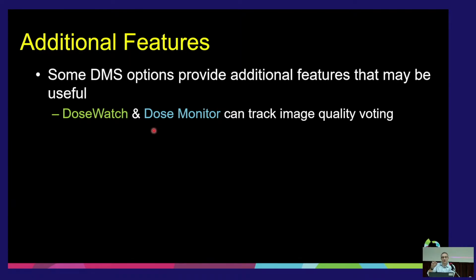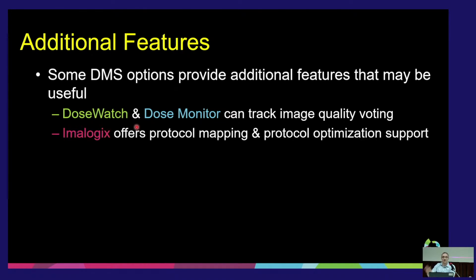So not only do you get the dose information, but you can also get kind of a score that this was good, bad, or ugly. And then you can use that to associate image quality with the radiation dose.